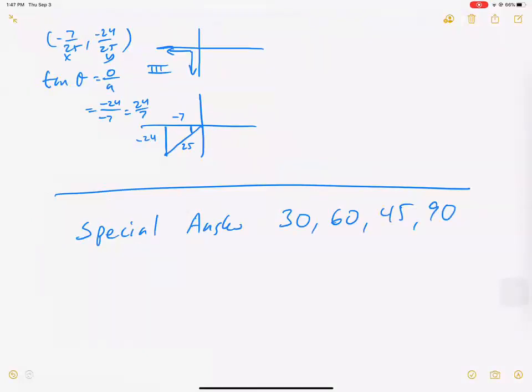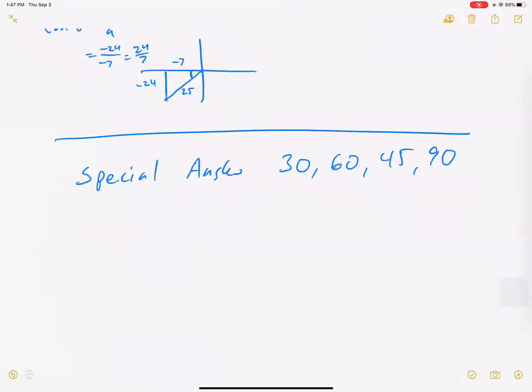I'm going to draw these triangles for you. The 30-degree triangle, 30, 60, and 90. Our 60-degree triangle is standing very proud at 60, 30, and 90. It's really the same triangle, just tilted over.